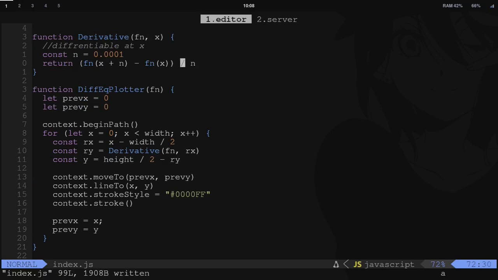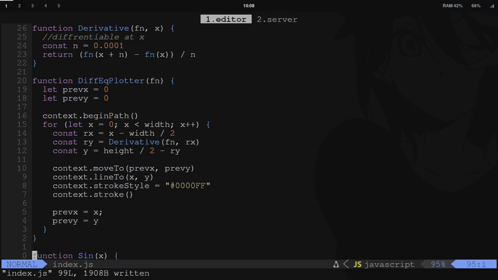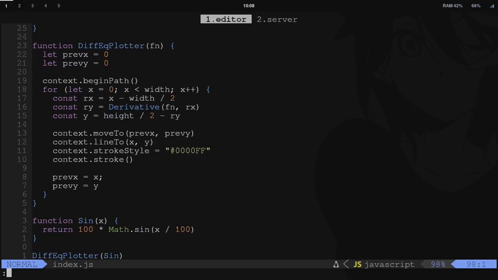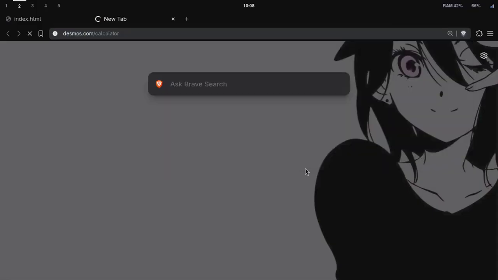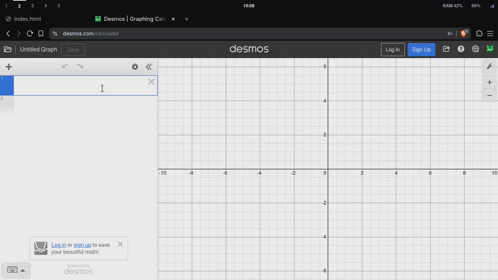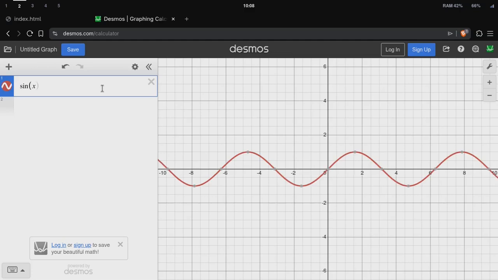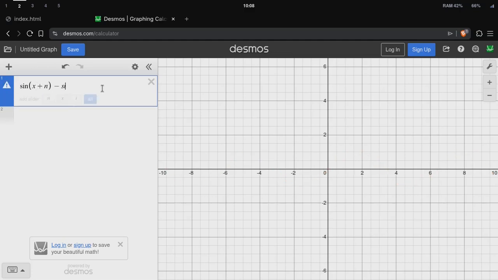Why isn't it working? I need a way to actually see why it isn't working. So we have differentiation of f of n. Let's go on Desmos first. Sine of x plus n minus sine of x, and this whole thing should be divided by n.